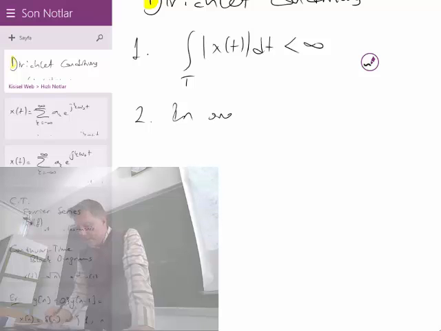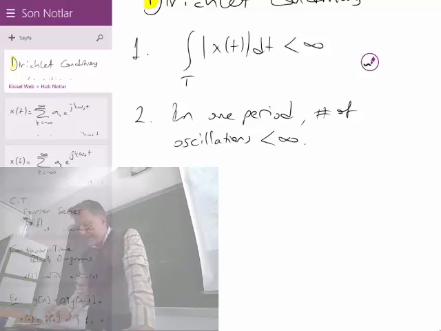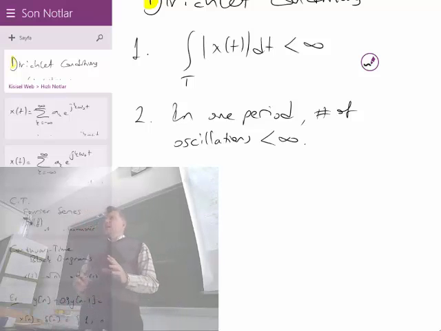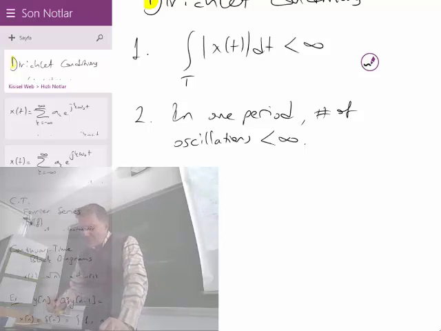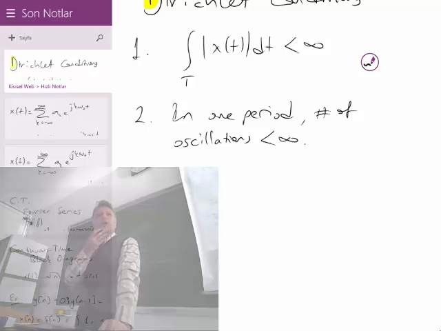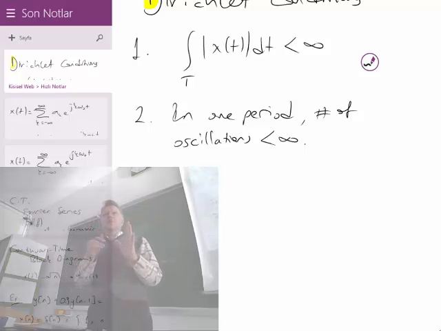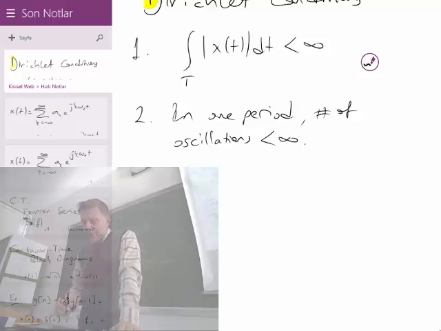The second condition: within one period, the number of oscillations must be finite. So within one period, there mustn't be an infinitely oscillating situation. Let me give you a counterexample. This is so normal that it's even difficult to imagine a periodic signal showing infinite oscillations within one period.